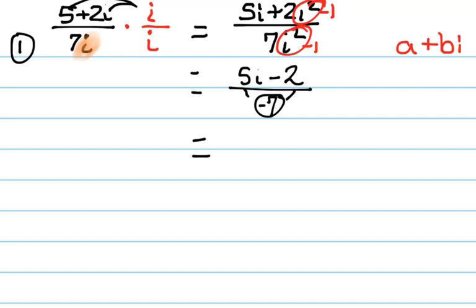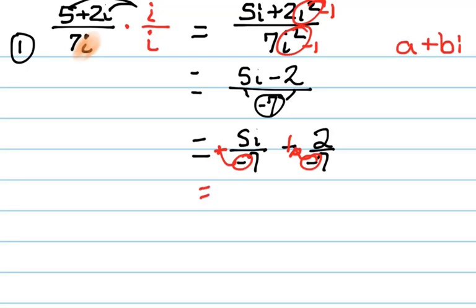And so you're going to do 5i divided by -7 and minus 2 divided by -7. This negative will change the sign here, making that a plus, and this negative will come up to the front.